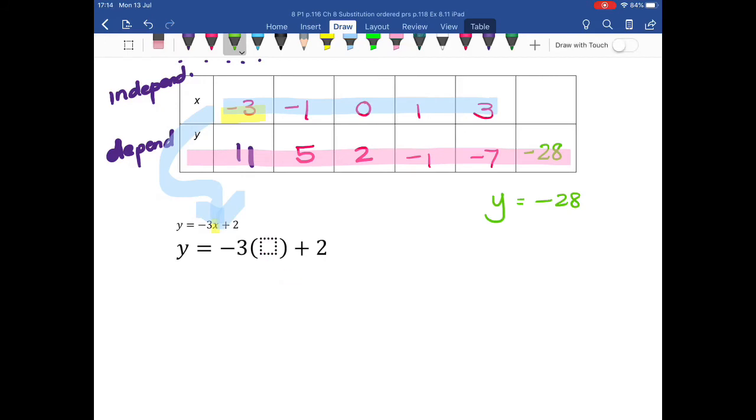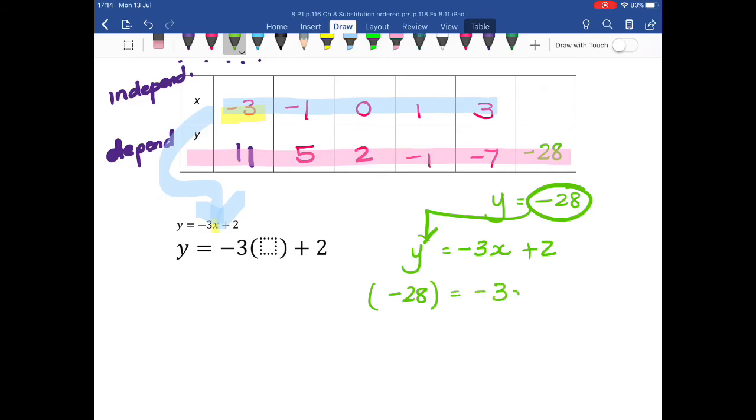I'm going to take my same formula, which is y equals -3x plus 2. But in this case, it is y that must be substituted. So -28, remember we always substitute into brackets, equals -3x plus 2.